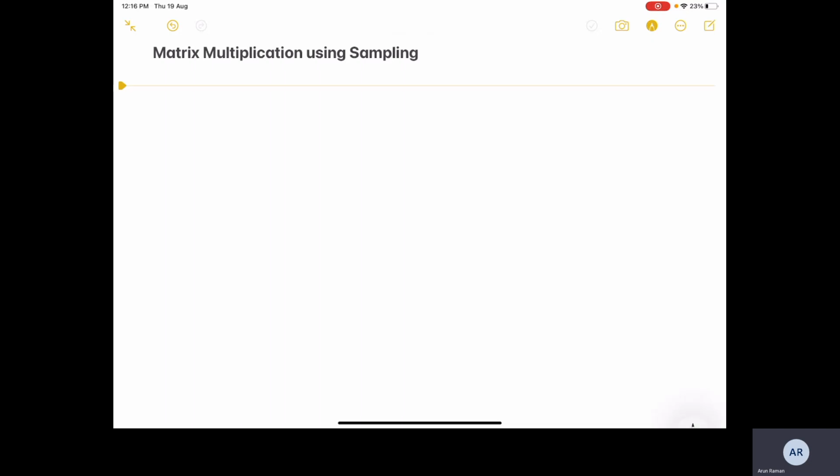So the basic theme of any sampling method, especially in the context of matrices, involves three steps. In the first step, we will sample rows or columns or even entries of a matrix.